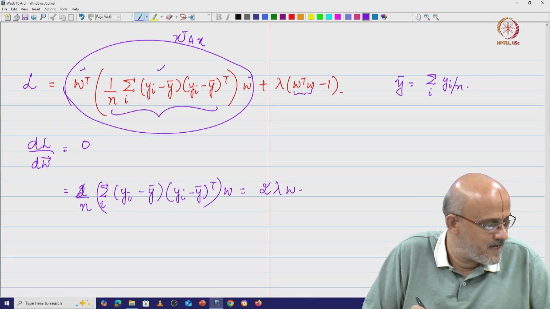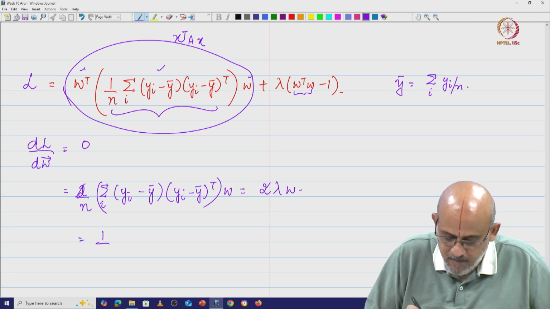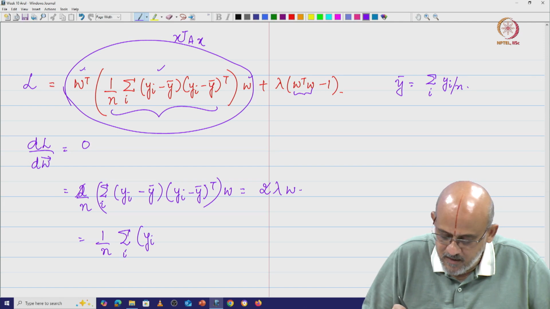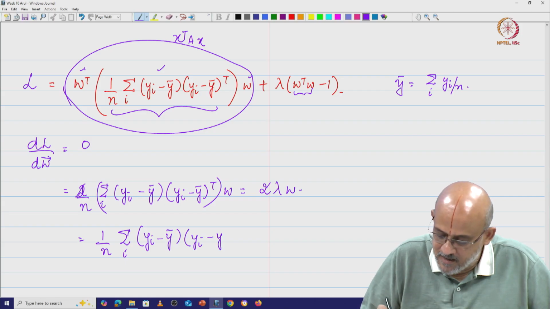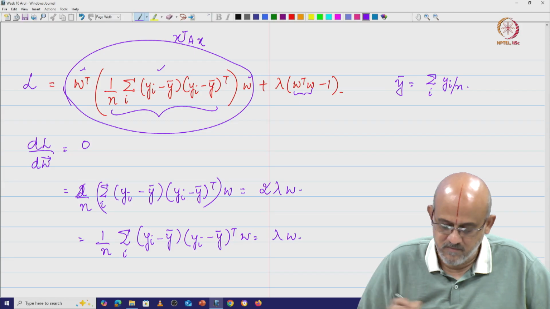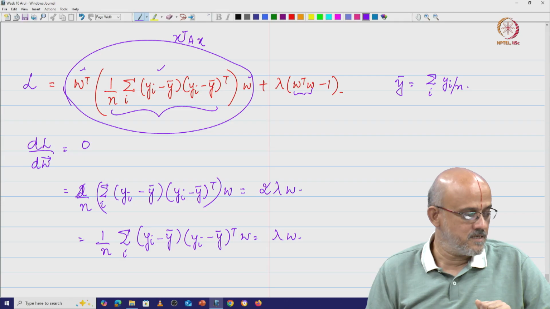So, what do we have? I have 1 by n sigma over I of y I minus y bar into y I minus y bar the whole transpose W is equal to lambda W. This is interesting.